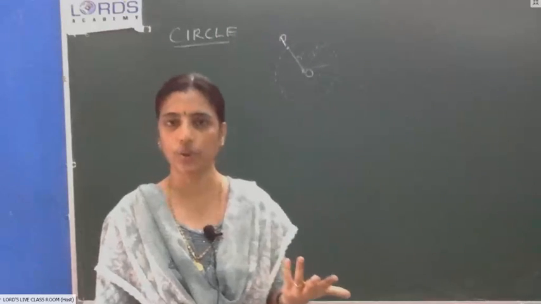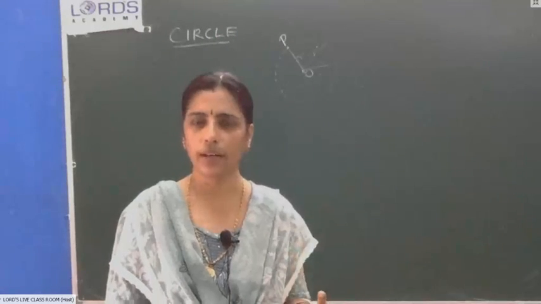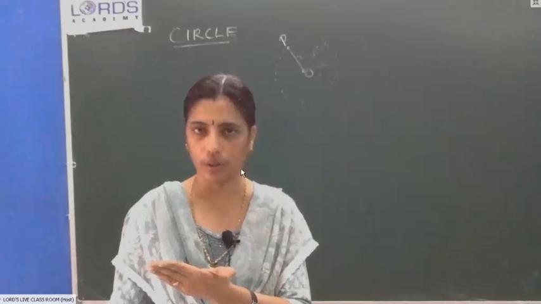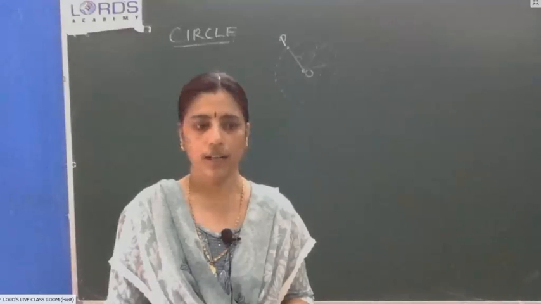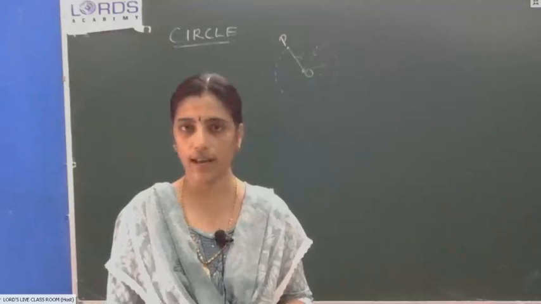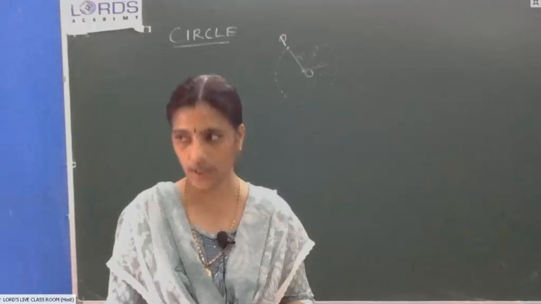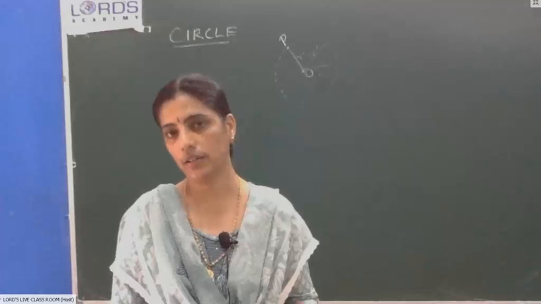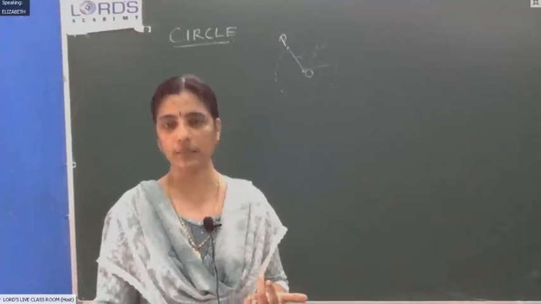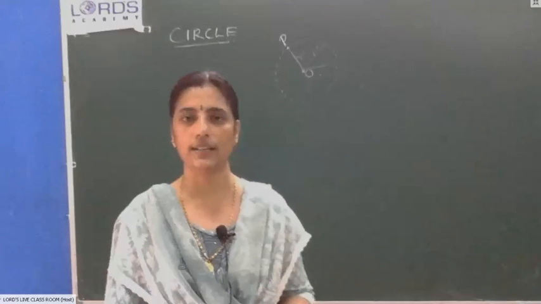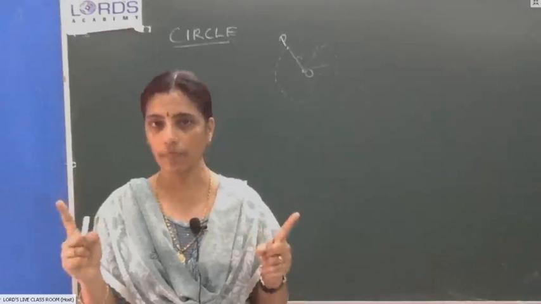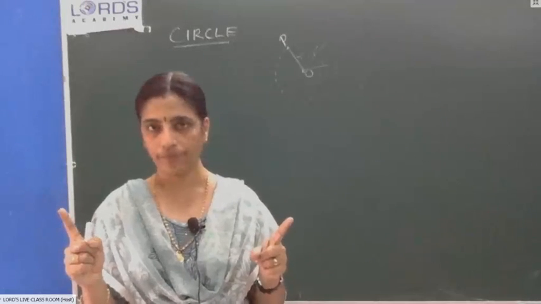Yesterday I told you what is meant by diameter and radius. Diameter equals 2 times radius. Everything will be there in your notebook. Then, what is meant by a chord? A chord is a straight line which touches any 2 points of the circle.